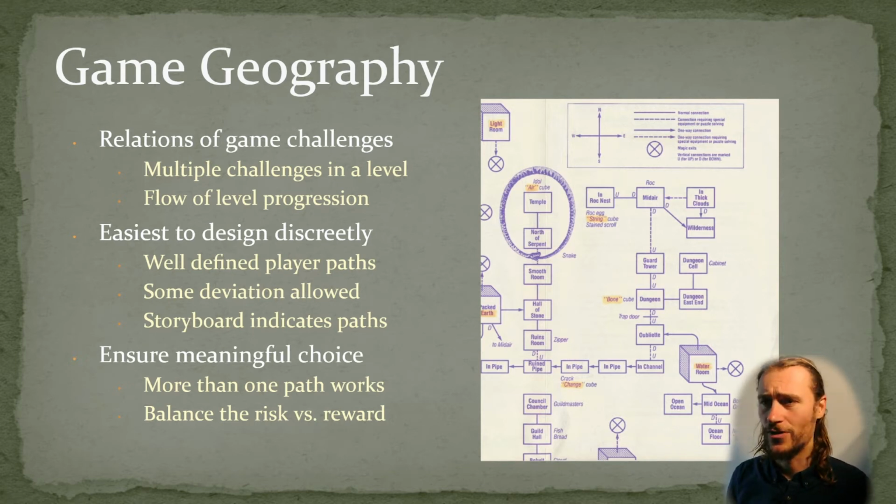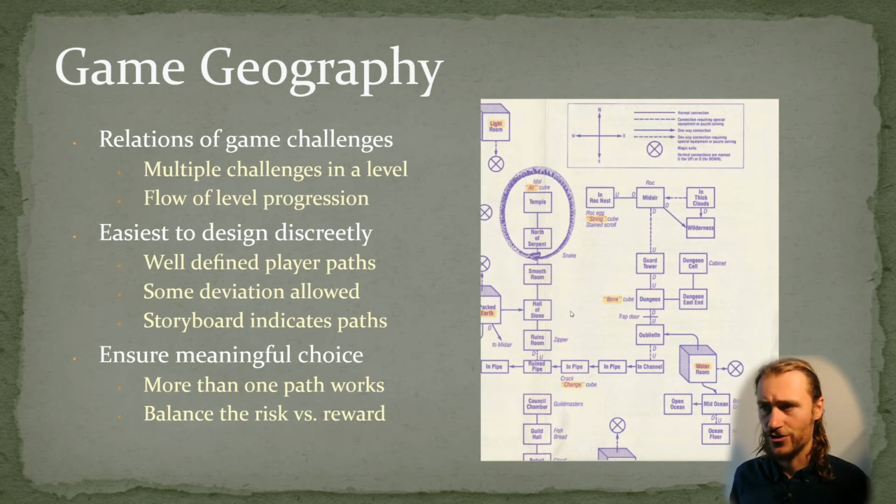And the storyboard indicates the path. There's the storyboard, and all of these storyboards are connected to all these levels. And so you know from what room to the next the player is going or could potentially go.